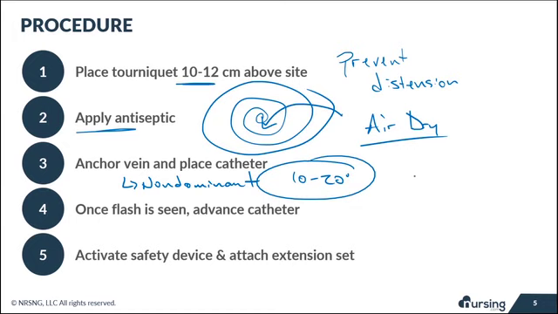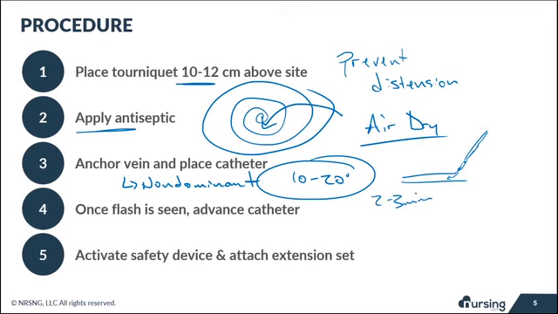Then you want to advance that IV catheter. Now, one thing I wanted to caution you about is, remember the way the IV works. You have the cannula, and then the end of the cannula, and then you have the needle with the bevel. Once this gets inserted in there, you still need to advance another 2 to 3 millimeters, sometimes less.